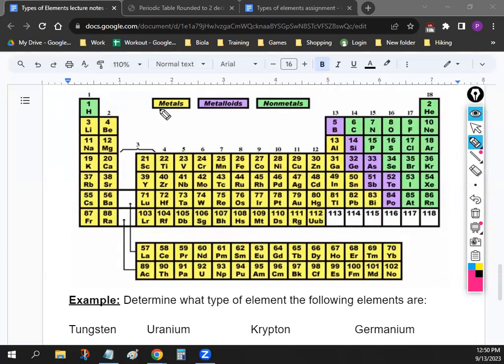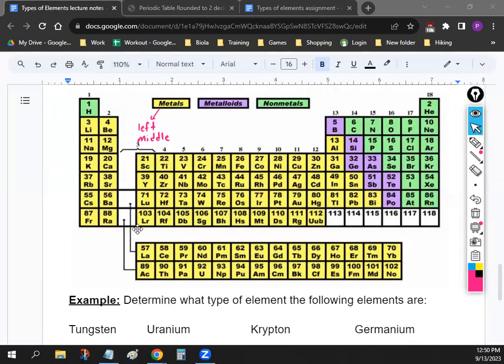The first one, the pattern for the metals is super easy. They're going to be on the left and the middle of the periodic table. So if you want to jot that down on your periodic table somewhere, you can. You don't need to color your periodic table. If you really want to, you can. But just know that metals are on the left and the middle of the periodic table.